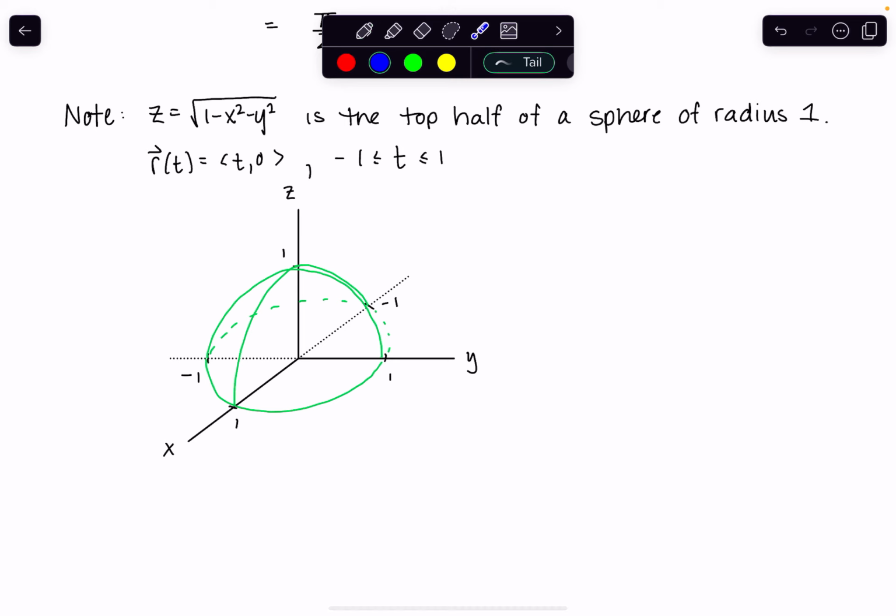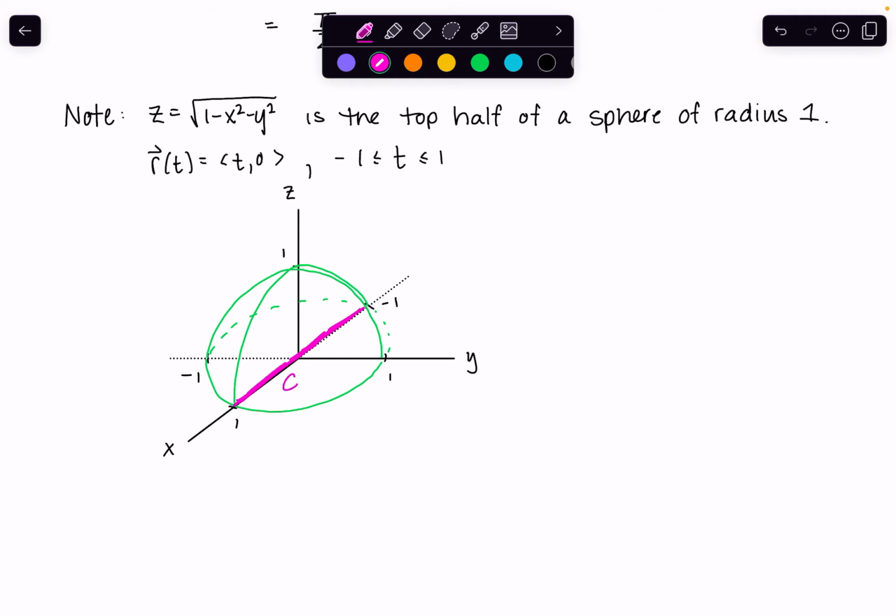Now if you go ahead and draw this curve, if you notice it's just the x value, we do not move in the y. And then my x ranges between -1 and +1. So this is really just tracing out the x-axis.